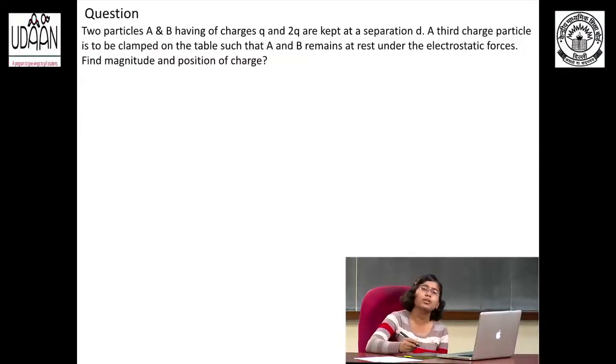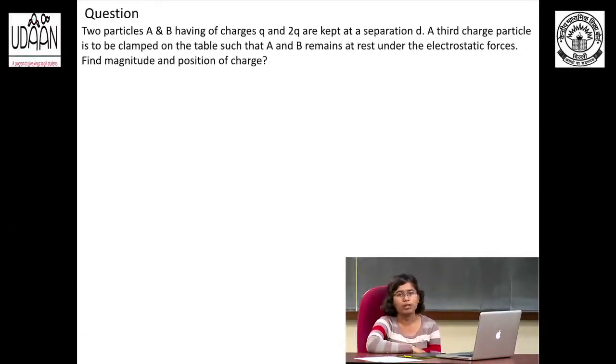The first example is based on the forces between charges which are kept at equilibrium. In this case we have two particles A and B of charges Q and 2Q which are kept at a separation d. A third charged particle has to be clamped between them such that A and B remain at rest.